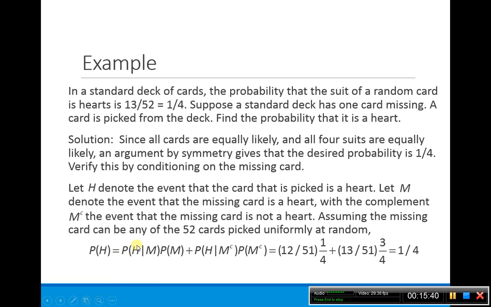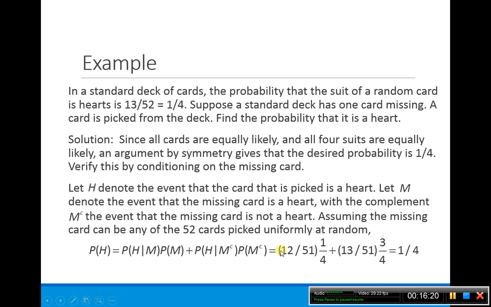If we look at the probability of getting a heart given that the missing card is a heart, now we only have 51 cards, and we know the missing card is a heart, that means we only have 12. The probability of the missing card being a heart is 1/4. Those are 4 suits. Now, the probability that the card picked is a heart given that the missing card is not a heart: remember we had 51 cards. The missing card is not a heart, so we have 13 hearts left.